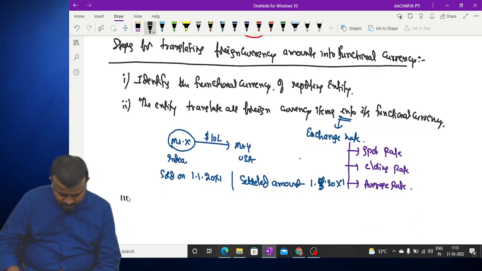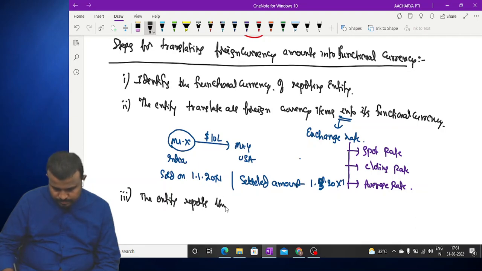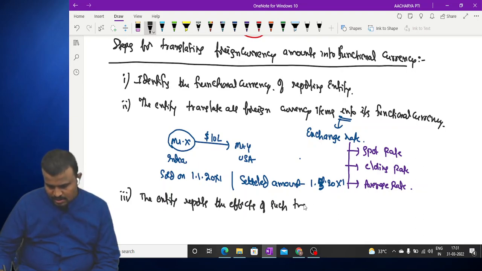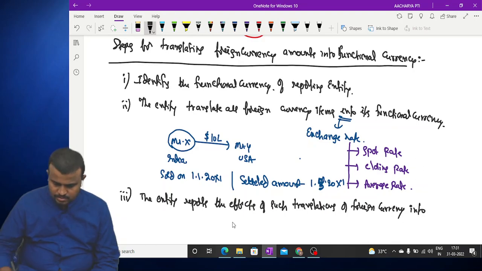And the third step is that the entity reports the effects of such translations of foreign currency into functional currency.